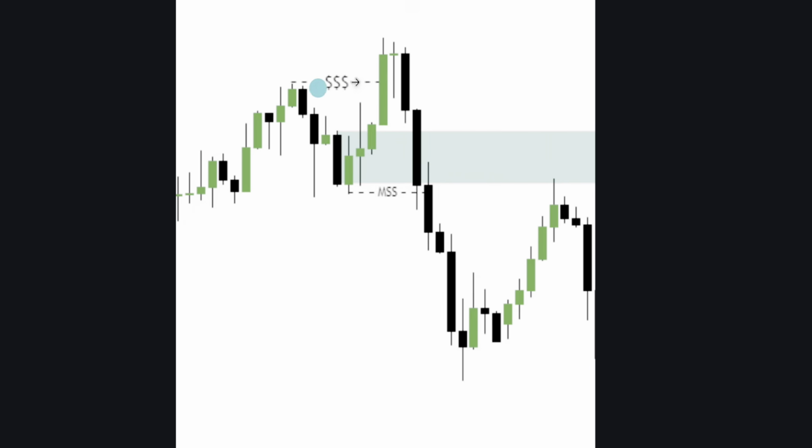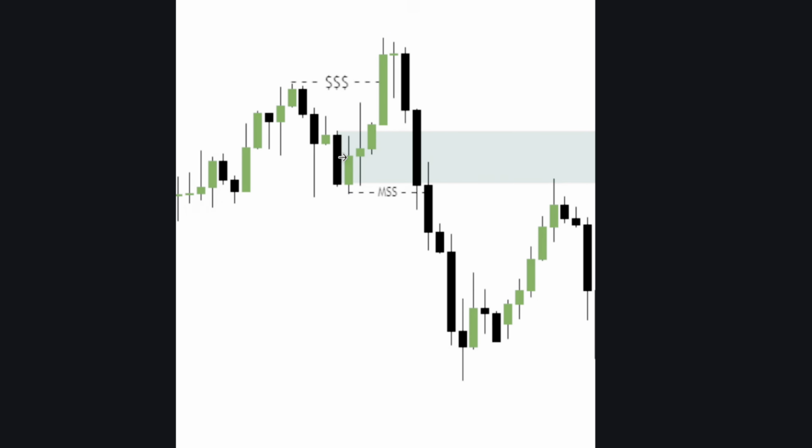So we take this as a sweep of liquidity, and then we see this as a shift in market structure. Mostly when you see a breaker block formation, you will see at least a shift in market structure in that area. So in this movement, as you see price pushing up, when you see price coming down like this, you're going to pay attention to the last bearish candle.